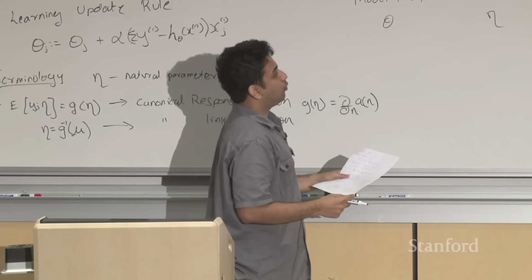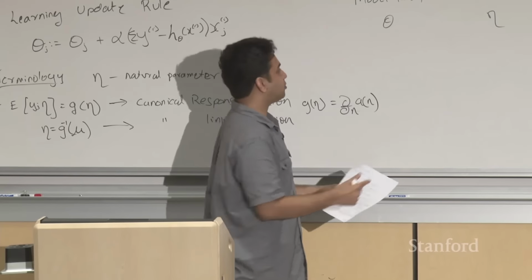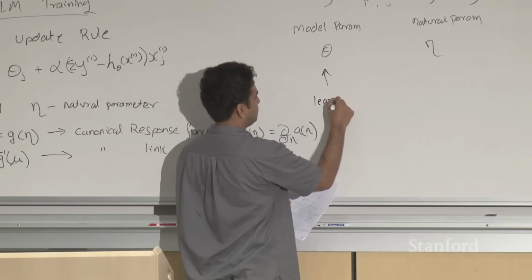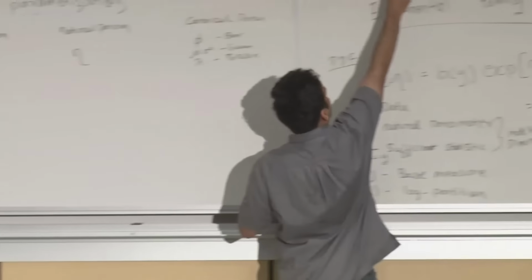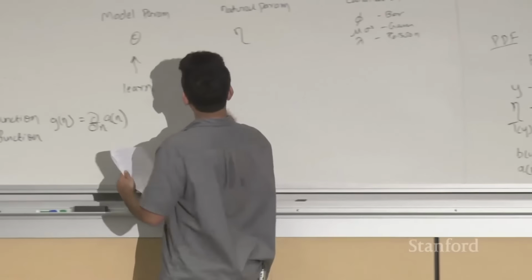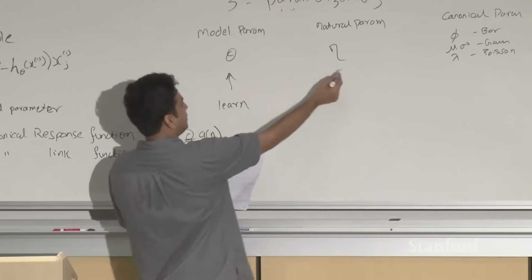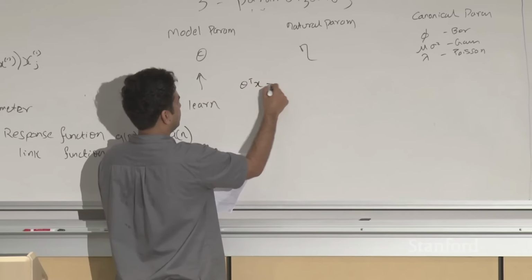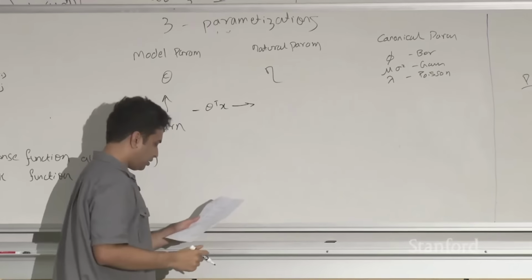Whenever we are learning a GLM, it is only the model parameters that we learn. That is the theta in the linear model. This is the theta that is learned. The connection between these two is linear, so theta transpose x will give you the natural parameter.